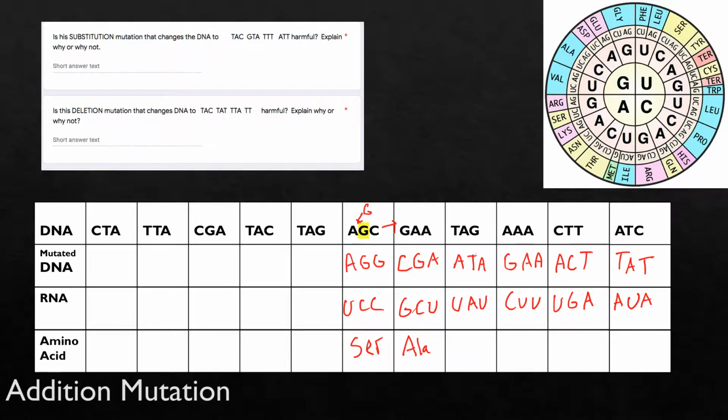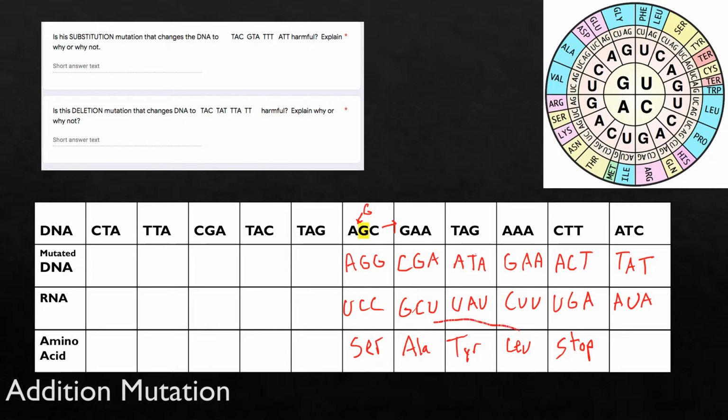UAU is tyrosine, TYR. CUU is leucine, LEU. And UGA is a stop. So we have a new stop here, and that would cut off that protein.